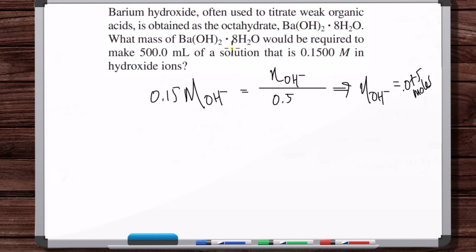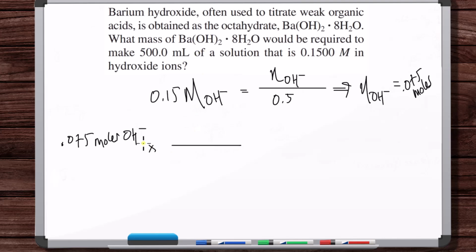Even though those 8 water molecules disappear into the aqueous solution, when you're initially preparing the solute to dissolve, you're weighing out all of this. So we can start with the 0.075 moles of OH-, and all we're trying to do is see how many moles, and then convert that to grams, of barium hydroxide octahydrate contain this many moles of a single OH group.